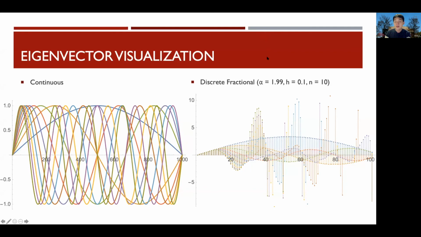So for our last graph of the day, we present what Dr. Atici just described as the problem on the previous slide. And she mentioned that there was also a comparison between the continuous function and the discrete fractional function that was defined by y of t. On the left-hand side, you'll see this continuous function.